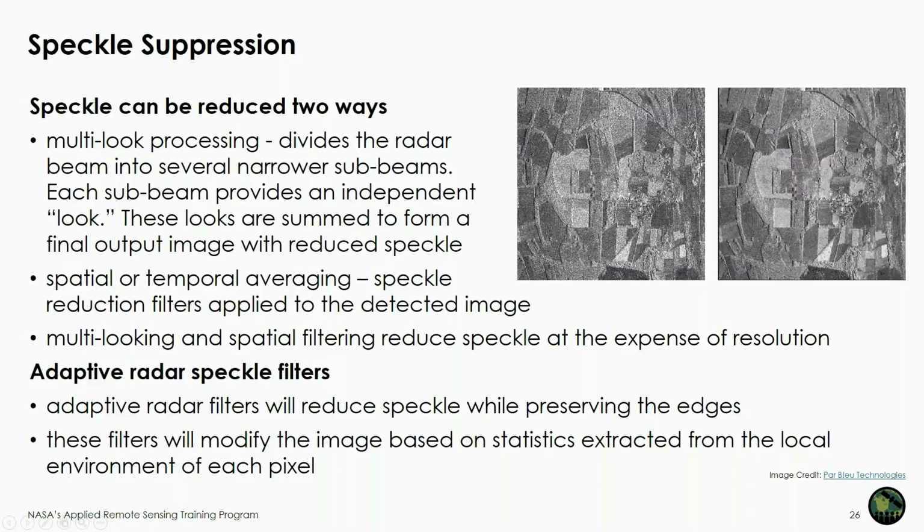And then we sum these looks up to form a final output image with reduced speckle. Typically, users, however, are going to apply either a spatial or a temporal averaging speckle during their image processing. And so there are special speckle filters that have been adapted for radar that we apply to suppress that speckle noise.